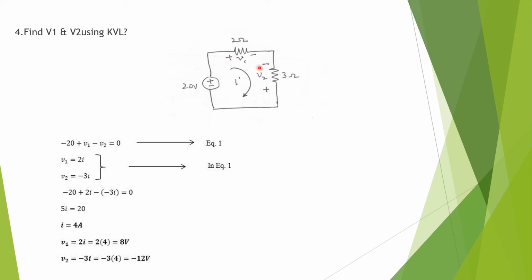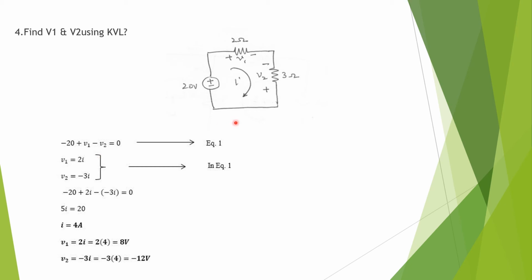We know that it is a closed circuit, so the net voltage drop will be 0, and you can see that this 2 ohm resistor is connected in series with the 3 ohm resistor. Since it is a series circuit, it is a closed circuit here.